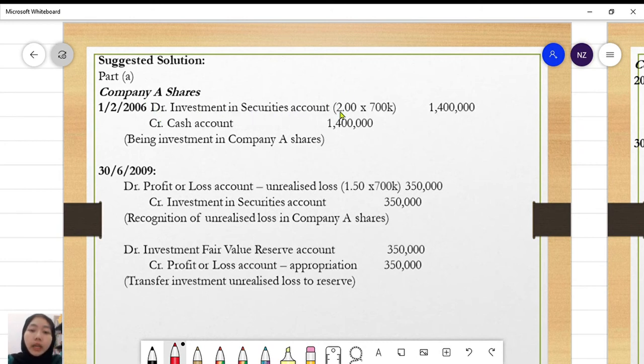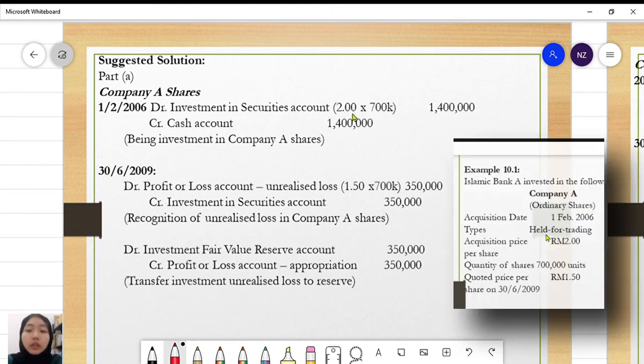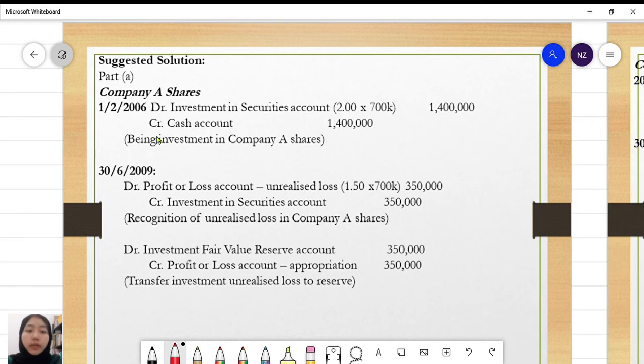How much? Take the share price when it was first bought, times the units of the shares, 700k. When you multiply, you will get 1 million and 4k here. Because we just started investing, we take out cash at that time. So credit cash account 1 million and 4. This is the first transaction to record investment in shares.